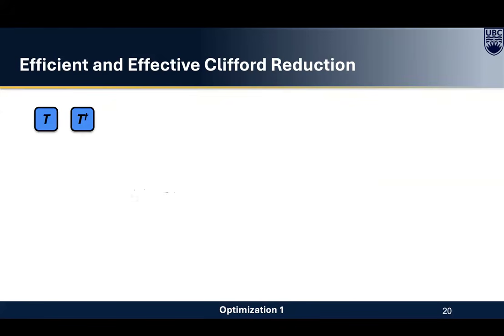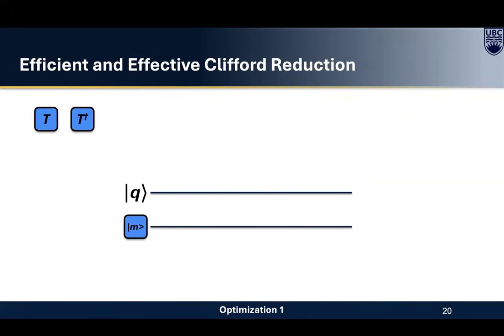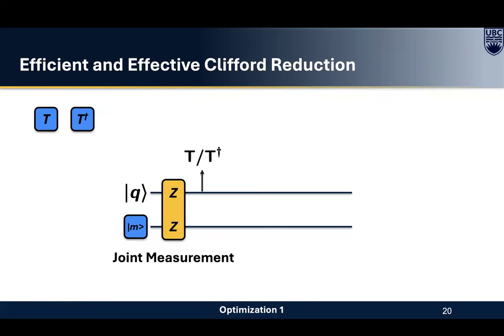Because when we're trying to apply the T gate, what we're doing is, as mentioned, we first prepare this magic state on some ancillary qubits. Then we do the joint ZZ measurement between those two to do the state injection onto the target qubit. After we do this joint ZZ measurement, what we're getting on the target qubit at this point is a T or T dagger effect with equal probability.